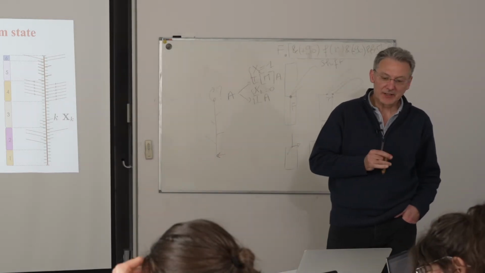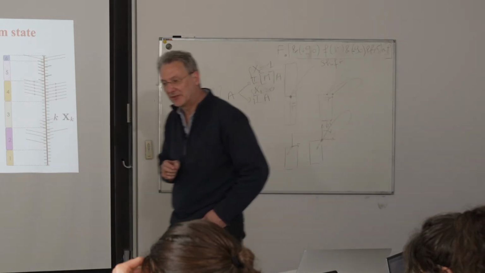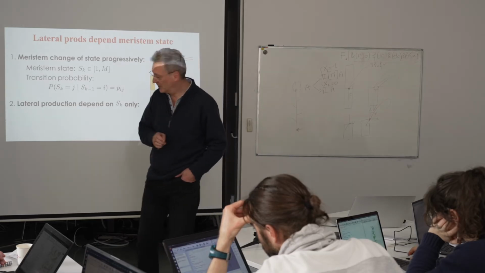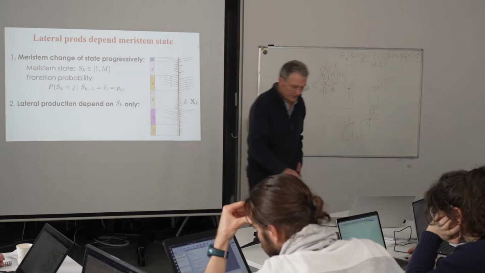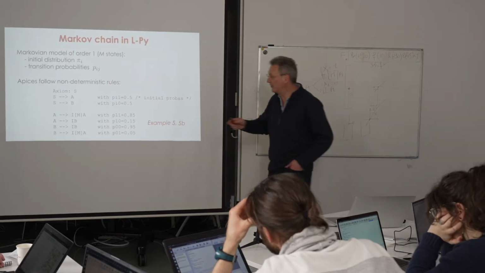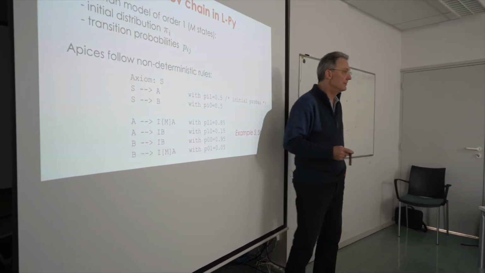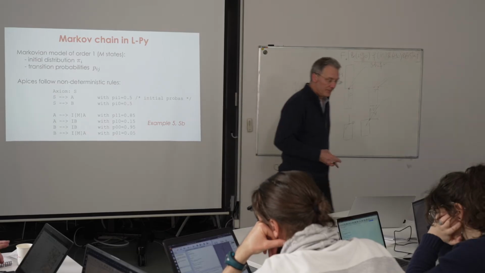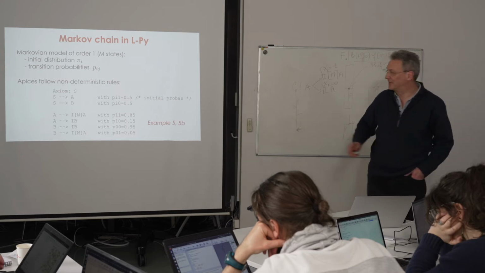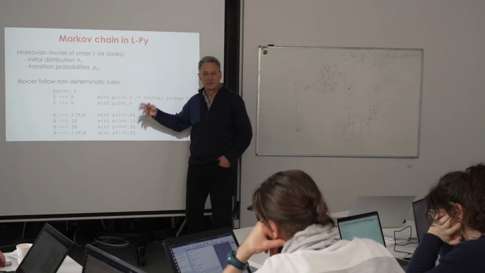Okay, did you try to change the probabilities, for instance? Did you understand how this selection of the rule was implemented? Is it clear to you? Because this is not LPy code here. It's a sort of pseudocode.